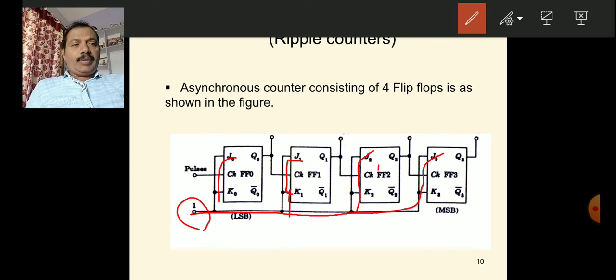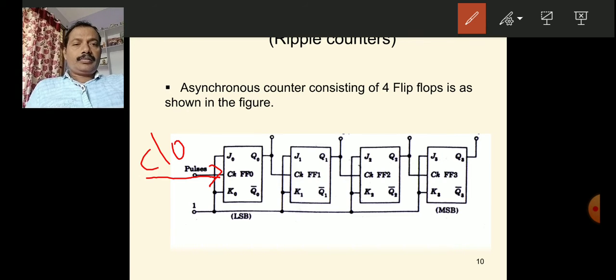Number one. Number two, another important observation you have to make is the main clock input. This is the clock. The main clock input is applied to the first flip-flop, that is FF0, and the next succeeding flip-flop receives the clock from the output of the previous flip-flop.